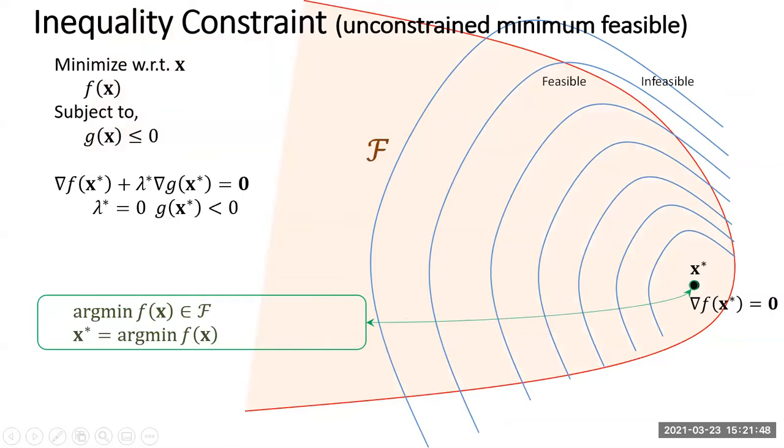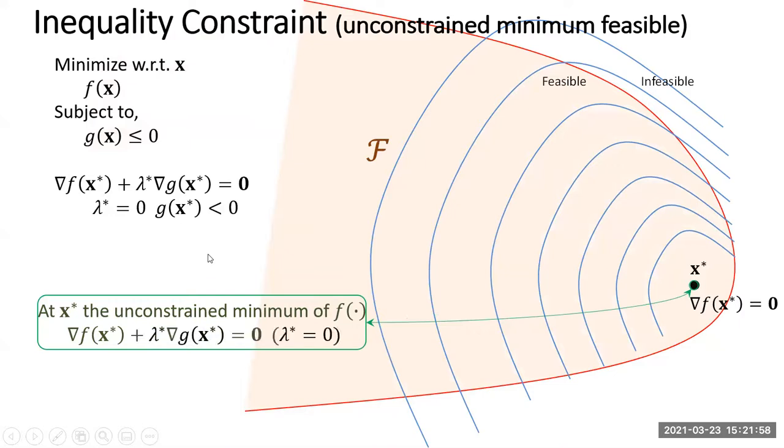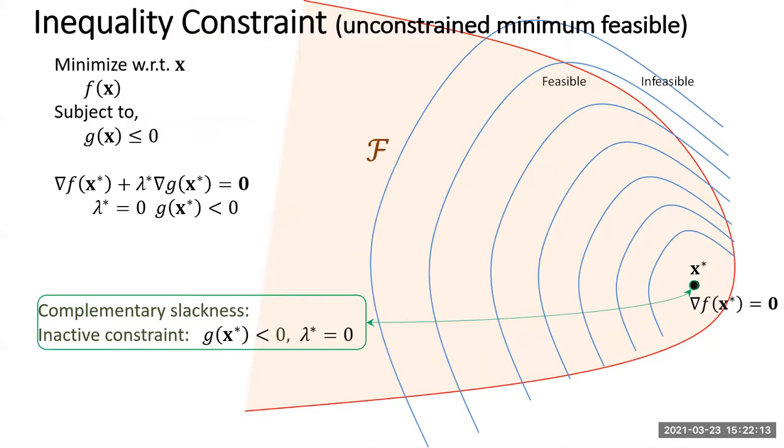Did you guys understand this part? Now, again, you see that this is the stationary condition: del f of x star plus lambda star del g of x star equals 0. The stationary condition is this, and that's being met. And again, the complementary slackness condition: g of x star is less than 0, lambda star is equal to 0.